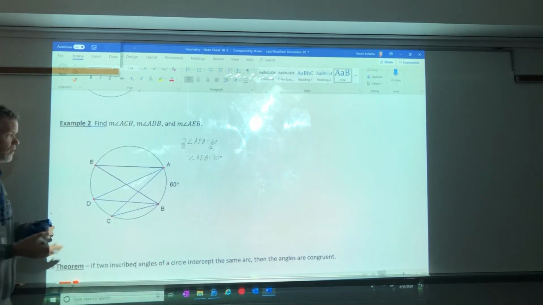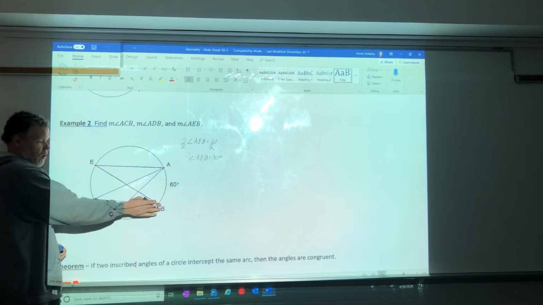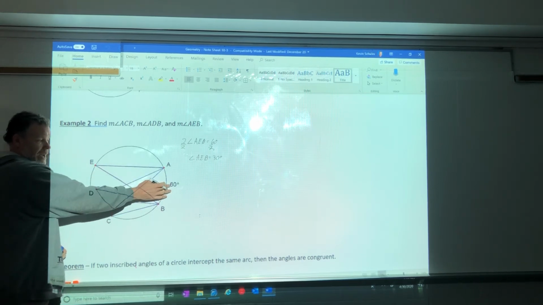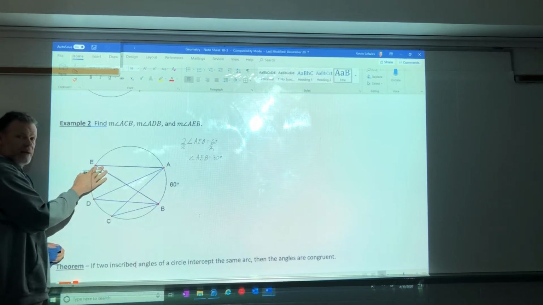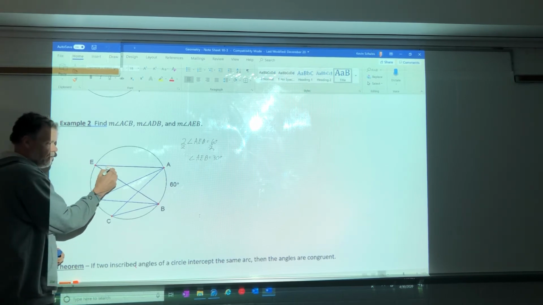Okay? Or you can just look at this. You see this angle right here, this inscribed angle, it intercepts this arc. 2 times this angle equals this arc, or 1/2 of this arc equals this angle. I think it's important to understand one and the other, and to understand both of them together. Okay, so this would be 30 degrees.